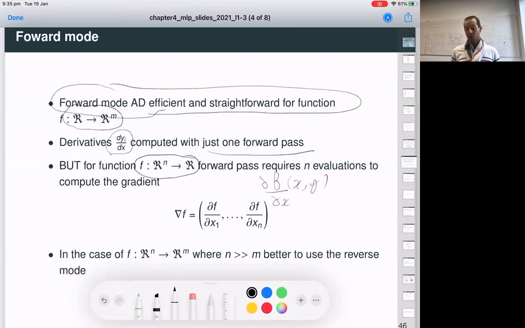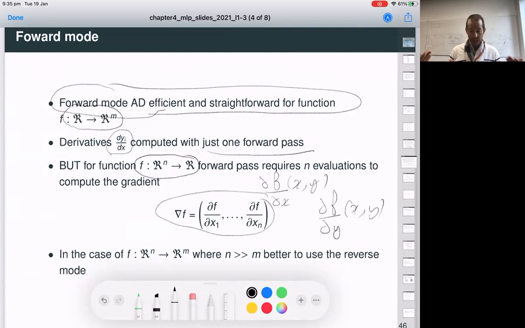But if you want to compute also the derivative of f with respect to y, you need to do this process again, for every variable. So to get the full gradient, it's not really efficient if n is getting larger and larger.